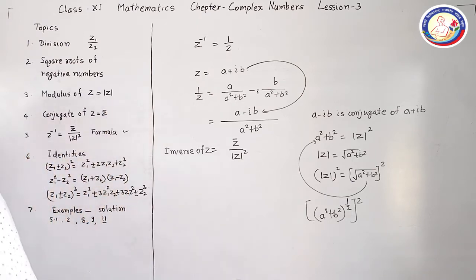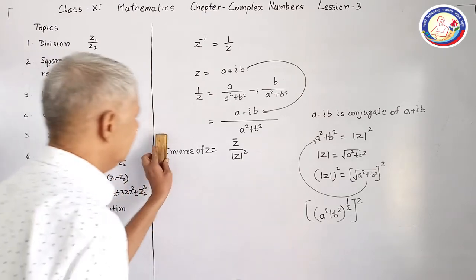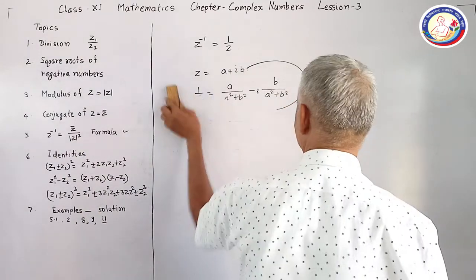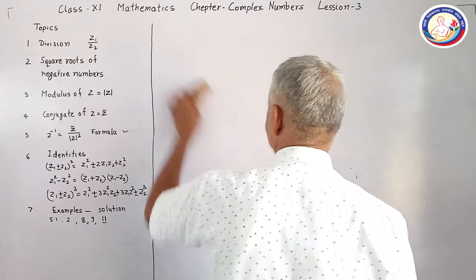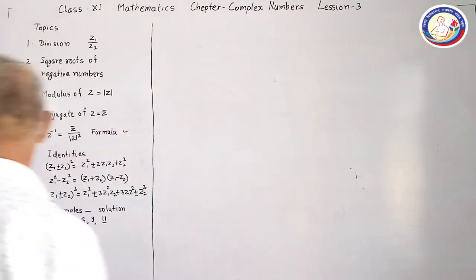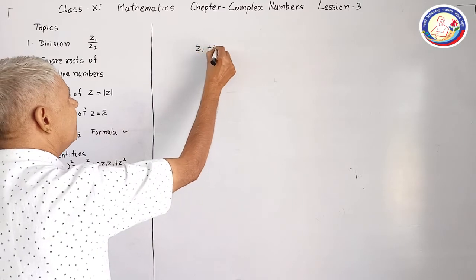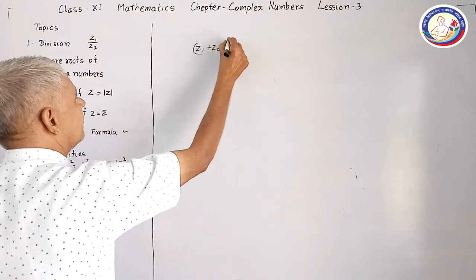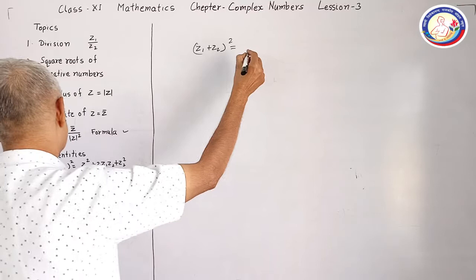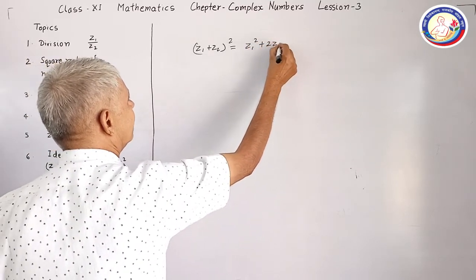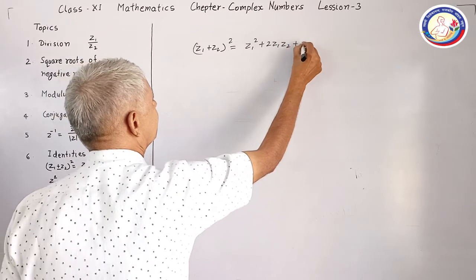Now proceed towards identities. These are very simple identities. I am explaining only them. I am starting with the first identity, z1 plus z2 whole square equal to z1 square plus twice z1 into z2 plus z2 square.